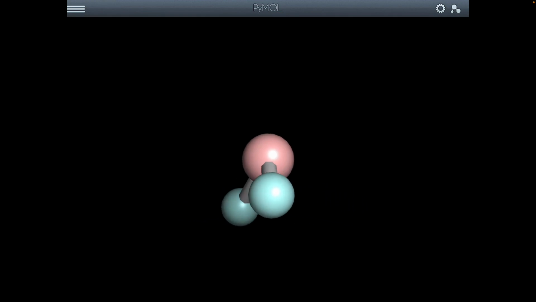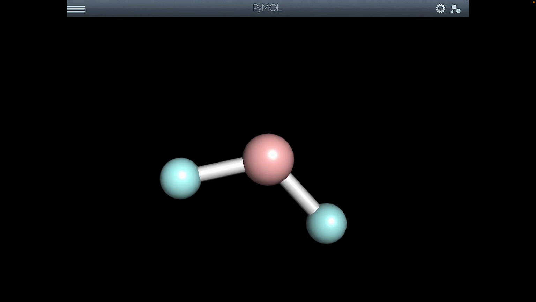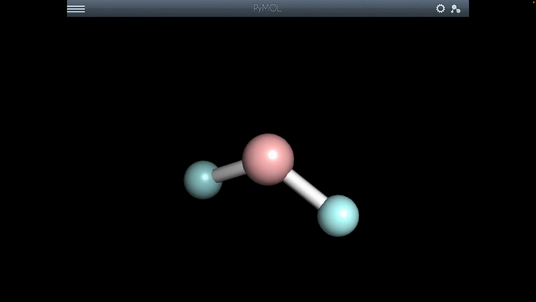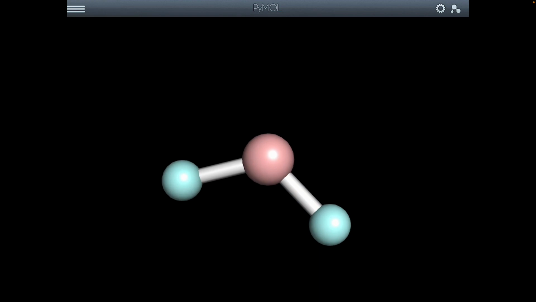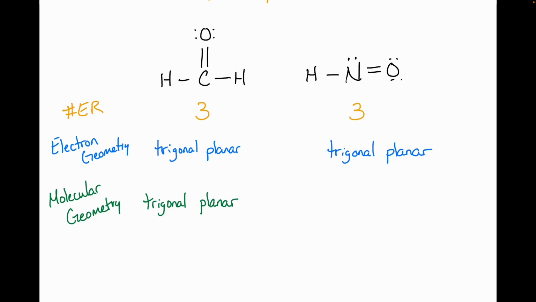So this is what this molecule would look like, right? It doesn't have all three bonds. It only has two. And that lone pair is pointed up, but it's invisible. It's just a group of electrons here. So this would be a different molecular geometry. This is what we call, they got real fancy with their terminology here, this molecule is what we call a bent molecule.